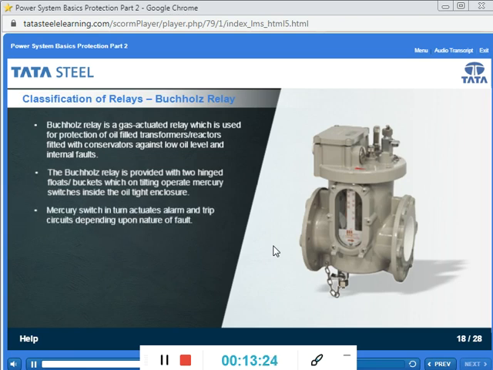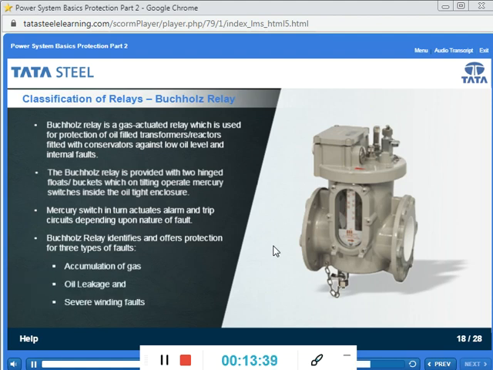Mercury switches in turn actuate alarm and trip circuits depending upon the nature of the fault. Buchholz relay identifies and offers protection for three types of faults, namely accumulation of gas, oil leakage and severe winding faults. Let us look at the parts of the Buchholz relay further in detail.